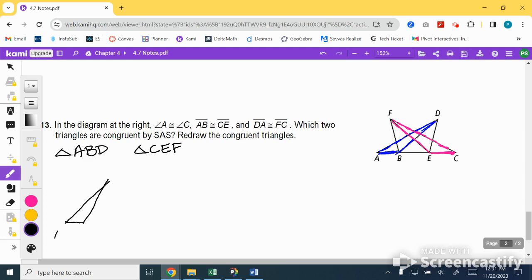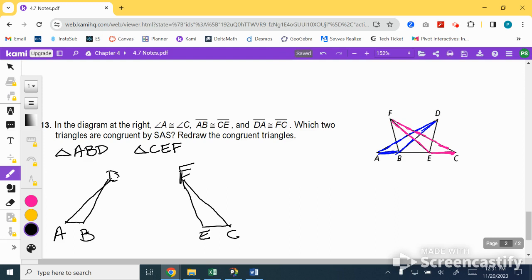So this one is A, B, D right here. And then CEF looks like this. EC, right here is F.